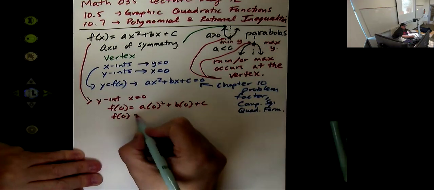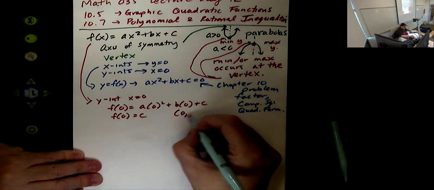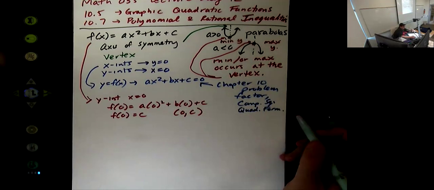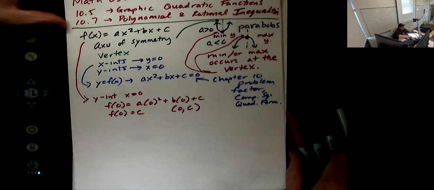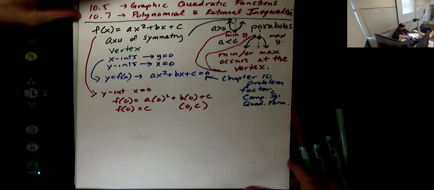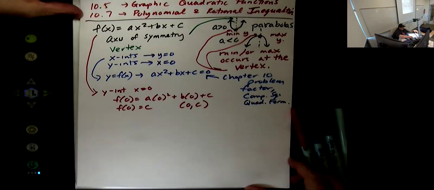So it's c. And you get the point (0, c) if you have it in this form, ax squared plus bx plus c. If not, and there's a good chance you won't, you may not want to make it look like that. There's other ways to go.